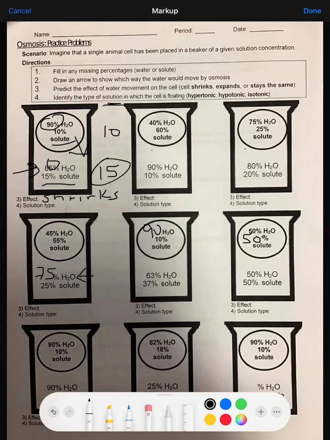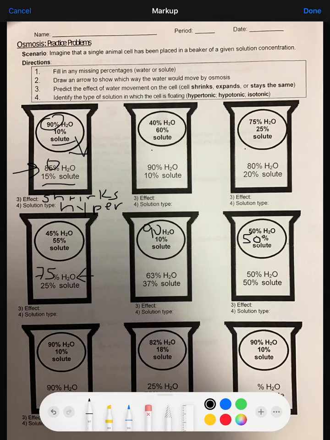If there is more solute, or salt or sugar, in the solution than there is inside of the cell, that makes it hypertonic. Just like a person who is considered hyper has more energy than a normal person, a hypertonic solution has more solute. So I'm going to erase this.